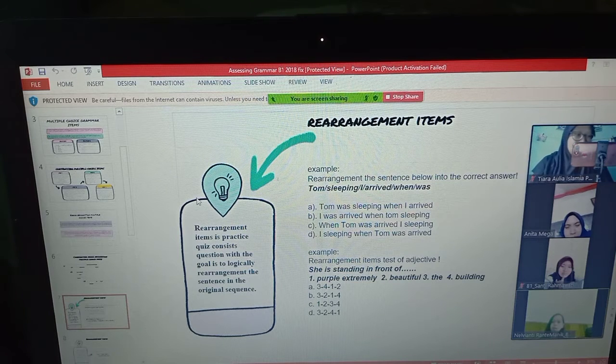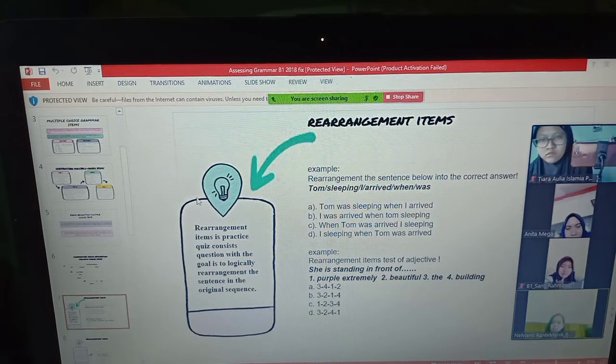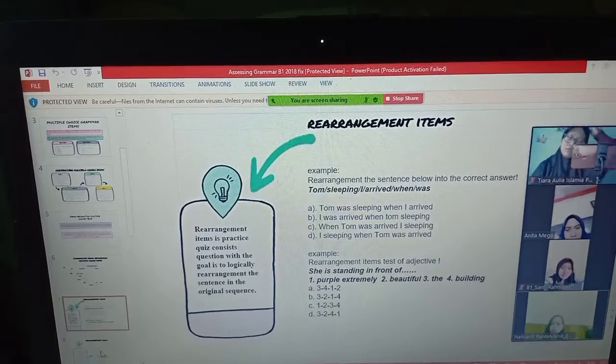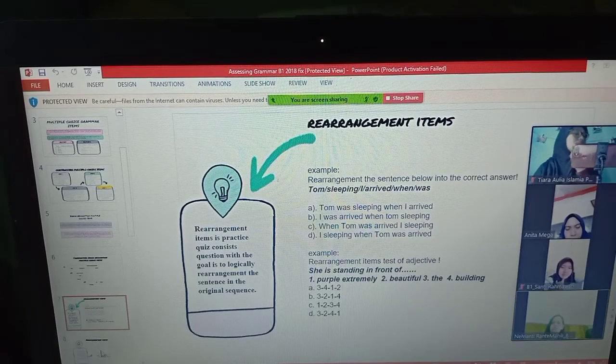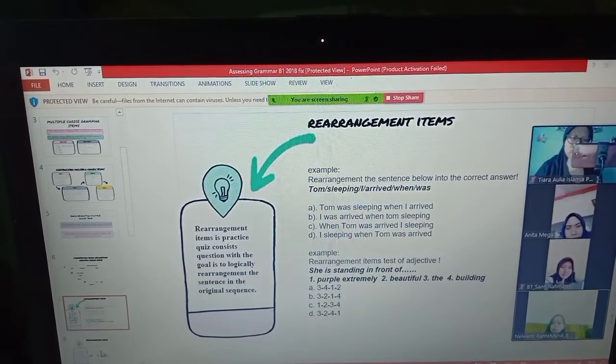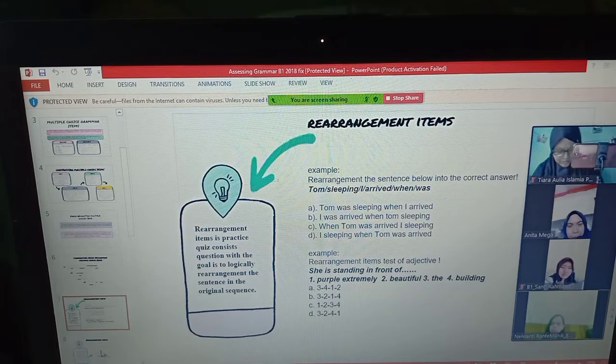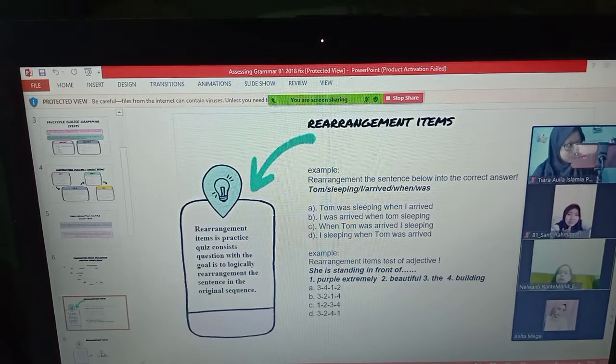Okay, the next example, the example 2. Rearrangement item test of adjective. She standing in front of one purple is extremely too beautiful building. And the correct answer is: she is standing in front of the beautiful extremely purple building.